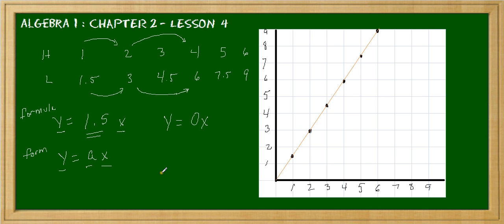But let's go back to our a value here. It says here the number a is called the constant of variation. In the example of a shadow function, the constant of variation is 1.5. The graph of every direct variation is a straight line that intersects the origin. So we have two things here that we saw.